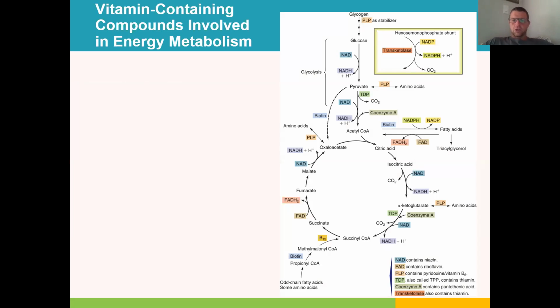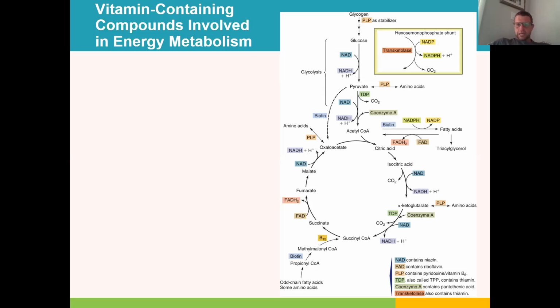Again, we're not going to go through the whole process of the Krebs cycle again, right? We've gone over it and skipped over it several times because they show this cycle a lot in this book, because of the importance of what it does in your body. But what I want you to look at is the key in the lower right-hand corner with the NAD, FAD, PLP, TDP, coenzyme A, and transketolase.